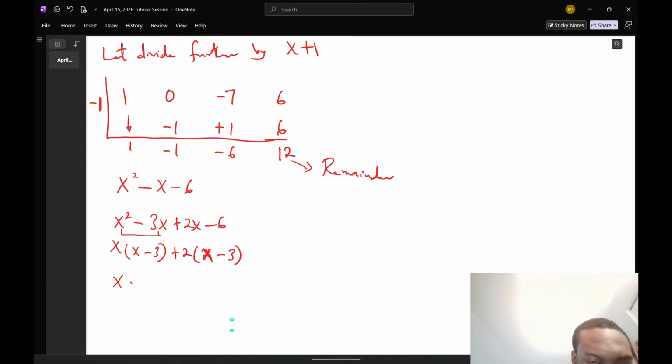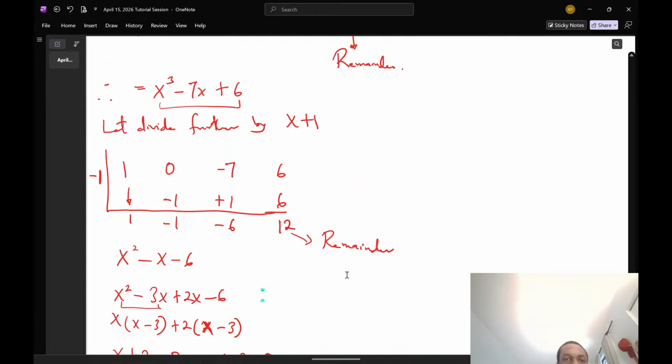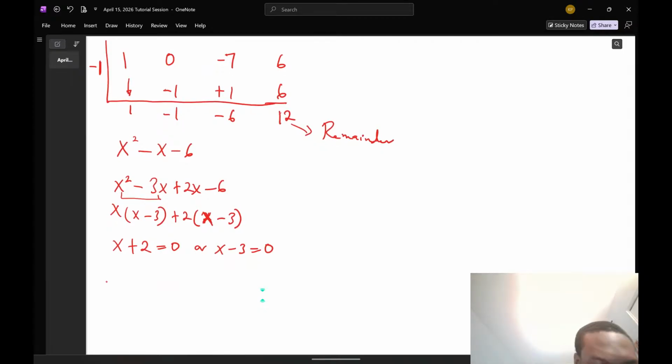So we have it as x plus 2 is equal to 0, or x minus 3 is equal to 0. So therefore we can say, because we used x plus 1 to divide it twice, what we have is x plus 1, x plus 2, x minus 3.